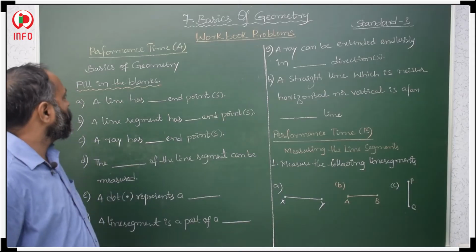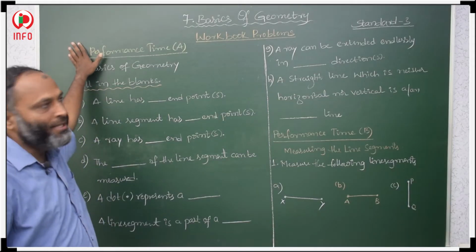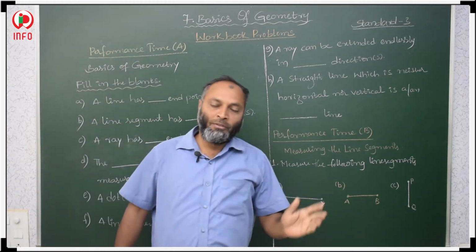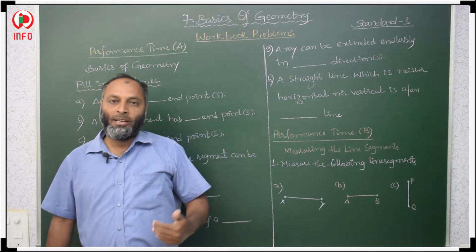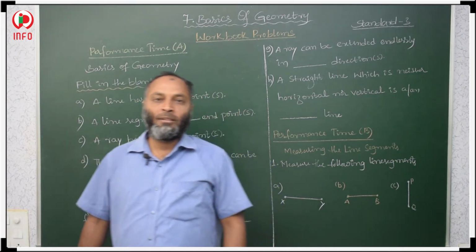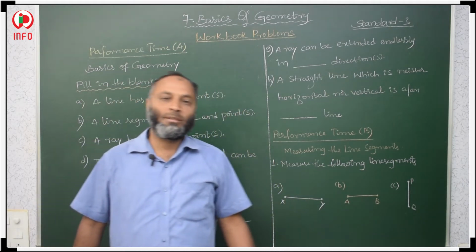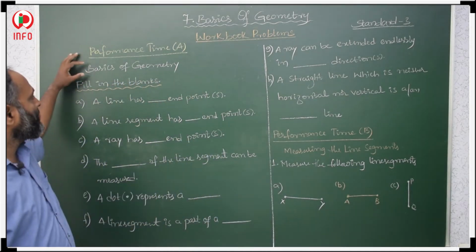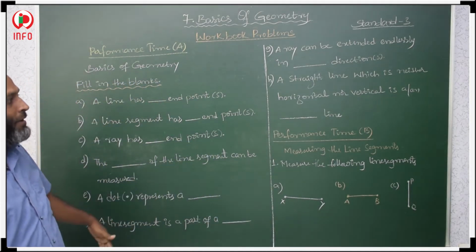Now next, see students here, performance time A, this is our workbook problems. In this workbook problems, whatever we did in the textbook, again we recapitulate the textual questions, for your practice purpose. In workbook, in performance time A, the blanks are given.